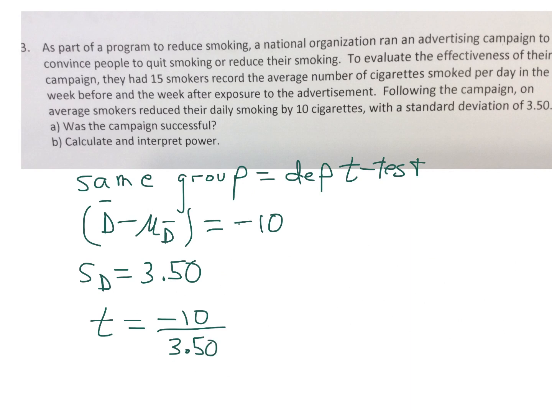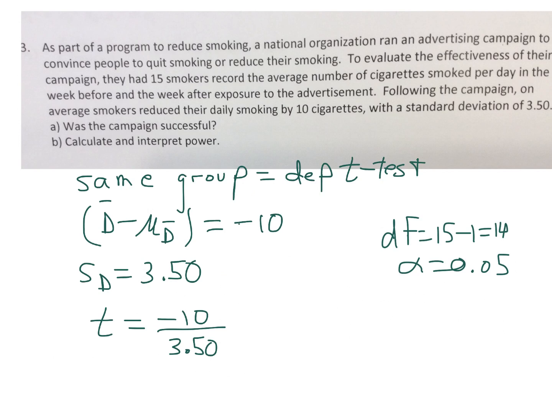and there's 15 smokers in this group, so our degrees of freedom is 15 minus 1, which is 14, and we're going to look up alpha at 0.05 for the one-tailed test, because we want to reduce, we want them to have less cigarettes smoked after the treatment.